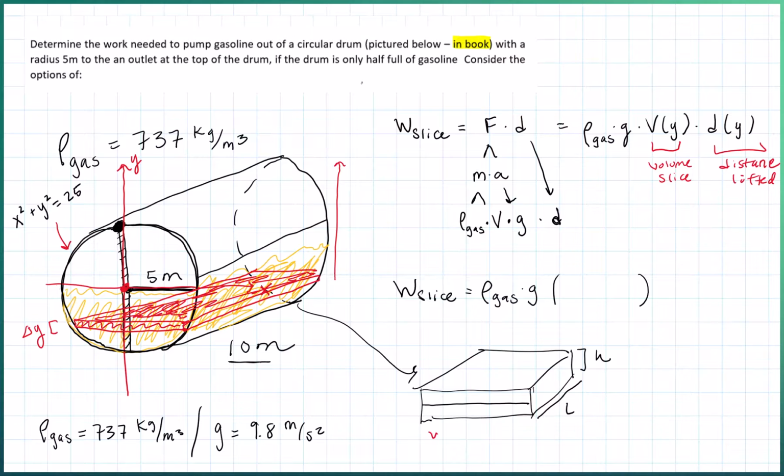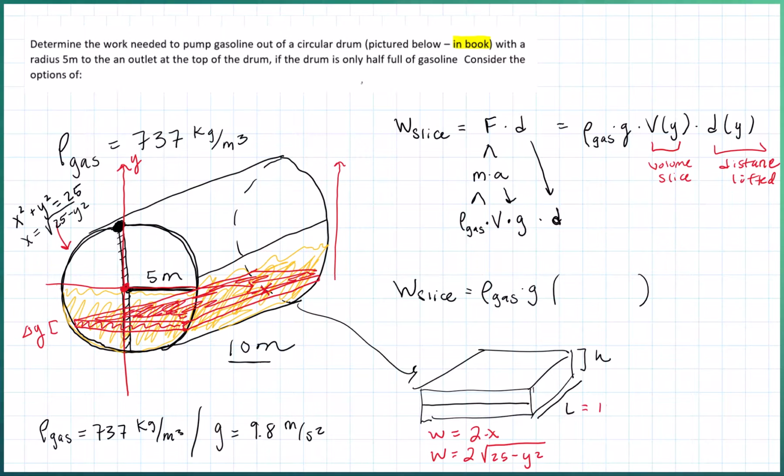So the width right there is going to be 2 times x. But we do know, based on the coordinate system, that I could solve for x in terms of y. x is going to be equal to the square root of 25 minus y squared. So the width of each of these slices of this gasoline is going to be 2 times the square root of 25 minus y squared.